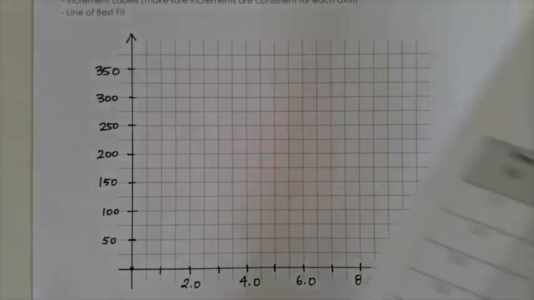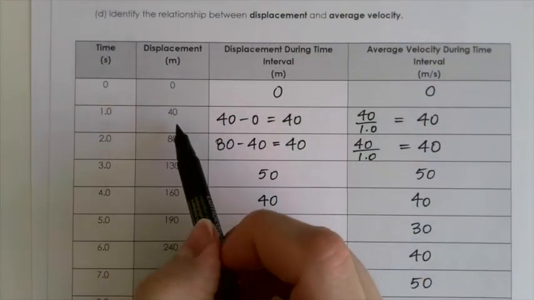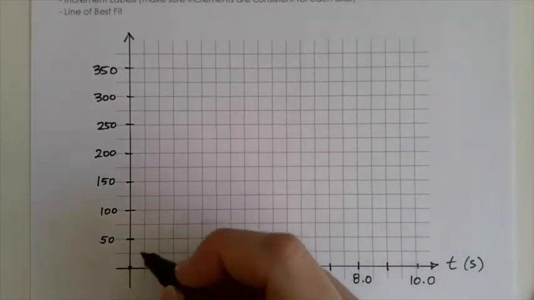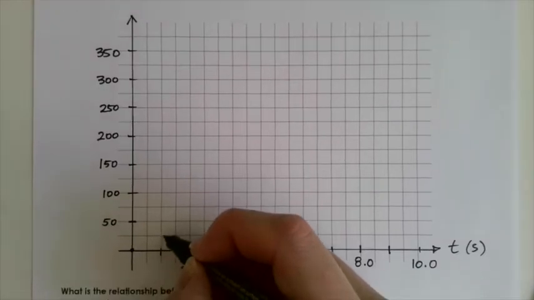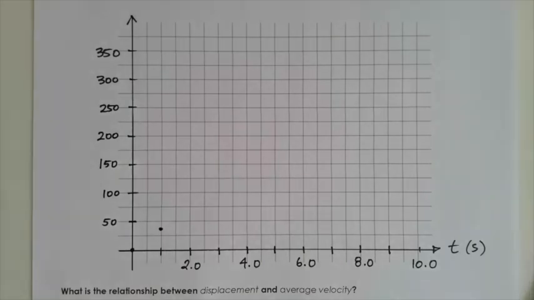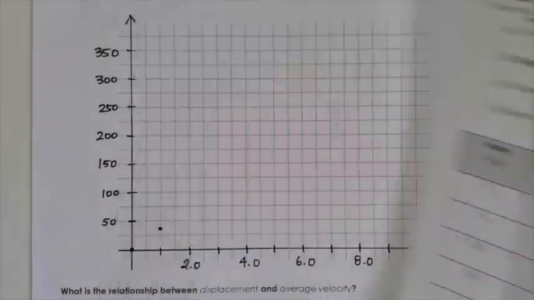Okay, so we're going to plot each data point. We start at the origin, and then we have 40 meters of displacement that occurs after 1 second. So here's going to be our displacement value. This will be 25 right here, so just estimate your 40. It's not a big deal because we're going to draw a line of best fit. And then we're at 80 meters after 2 seconds.